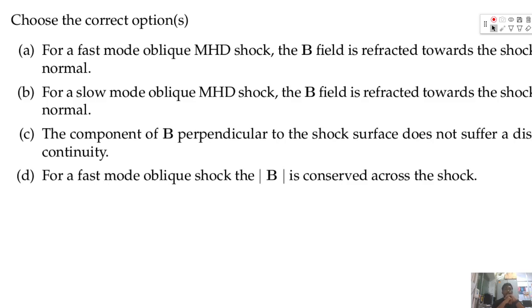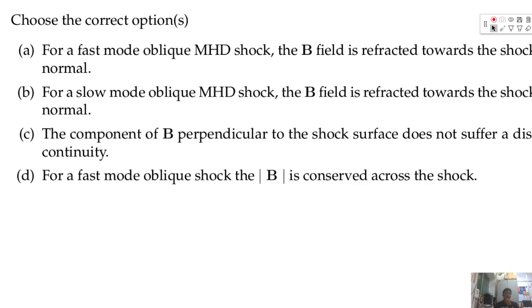For a slow mode oblique MHD shock, the B field is refracted towards the shock normal, and the component of the B magnetic field perpendicular to the shock surface does not suffer a discontinuity. For a fast mode oblique shock, the B is conserved across the shock.